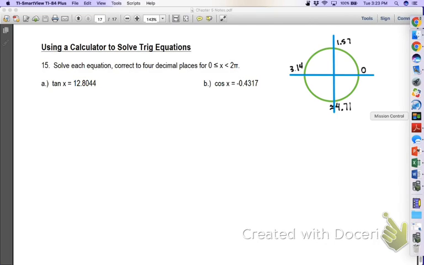Okay, so we need to know what those values are, and then we can have an idea of what our angle measurement is. So correct up to 4 decimal places.